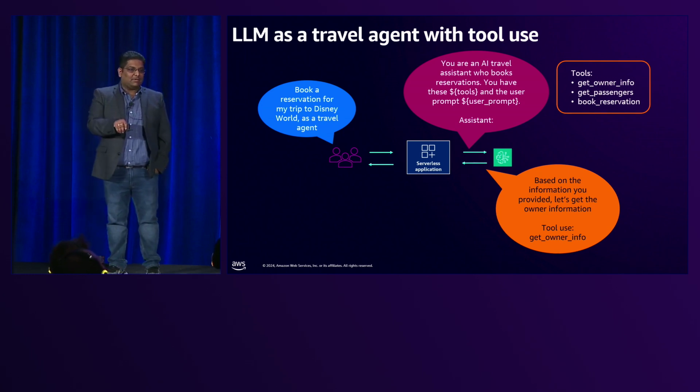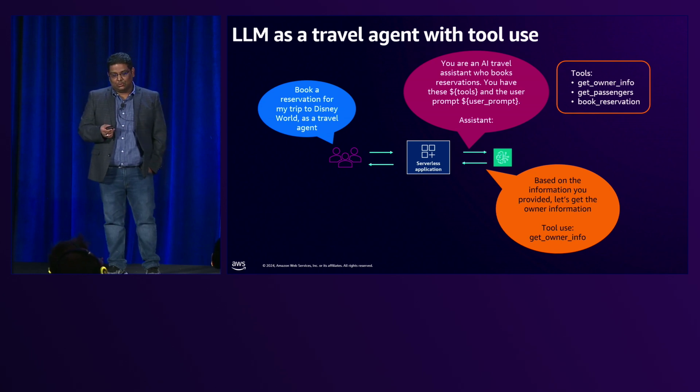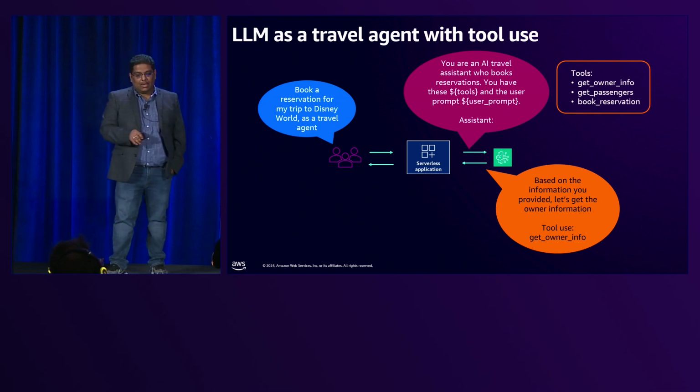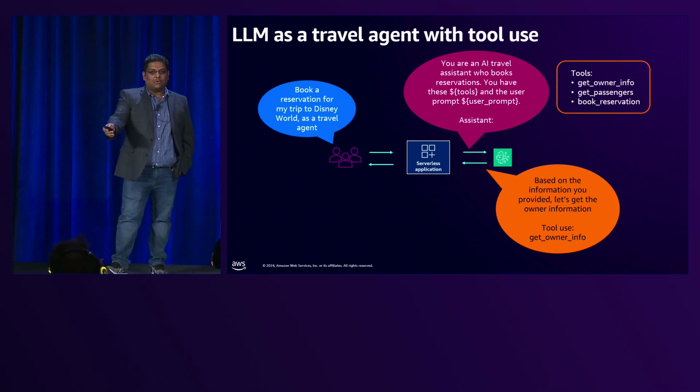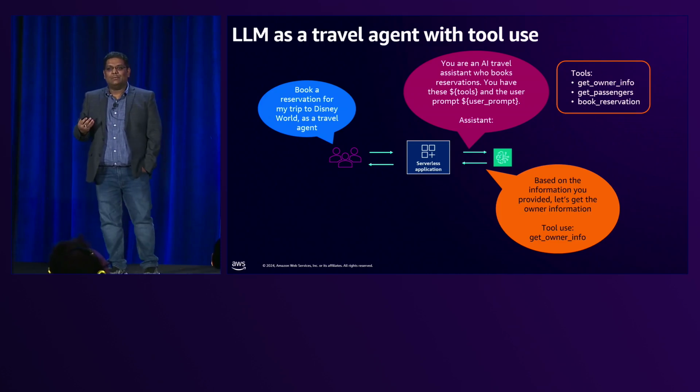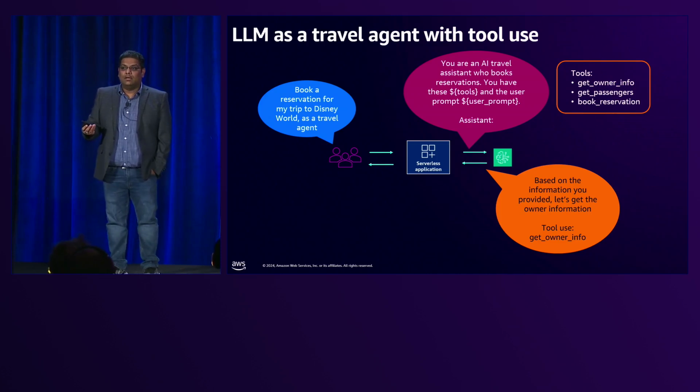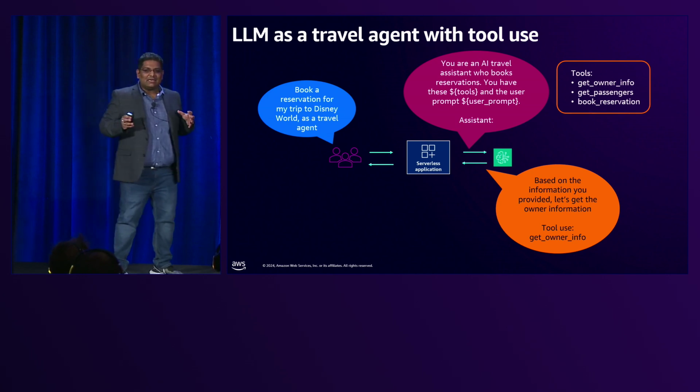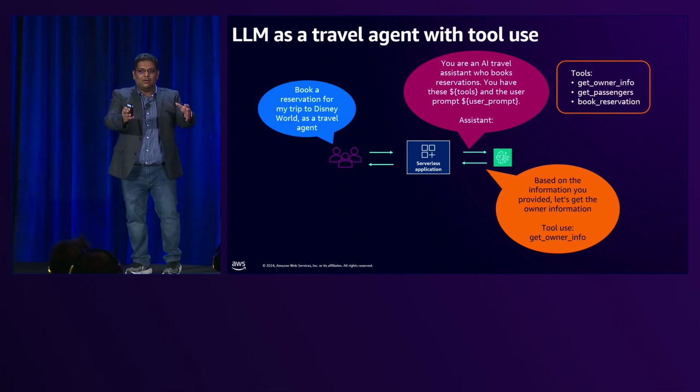So in this case, if you say that we have get owner info as a tool, get passenger as a tool, get reservation as a tool, and we ask the large language model, hey, this is our initial request, tell me which tool I should use? The large language model will use NLP and figure out which tool to use, and it'll just let you know that, hey, for me to go forward, you have to use get owner info.